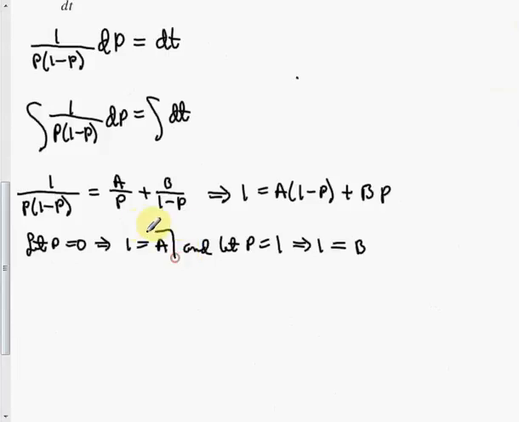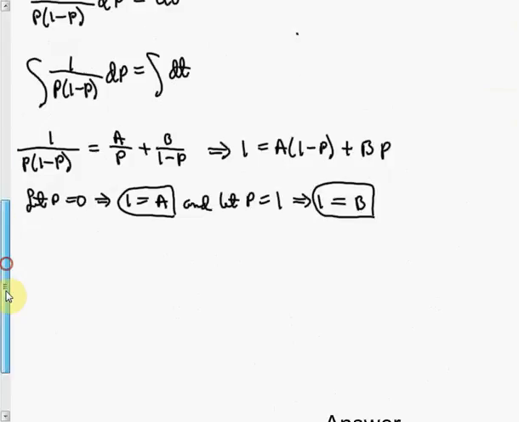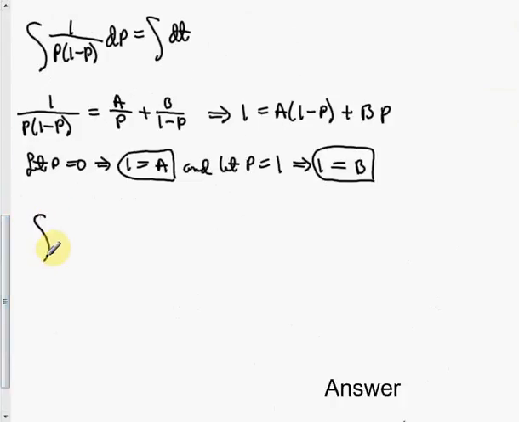So a is equal to 1, and b is equal to 1. Right? So now what we have is that left side is the integral of 1 over p plus 1 over 1 minus p.